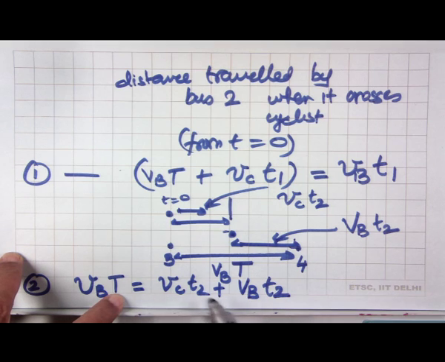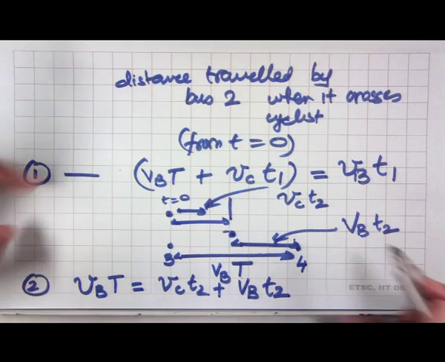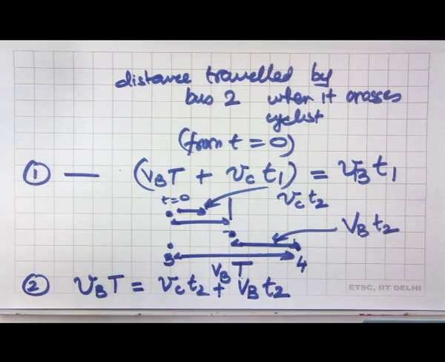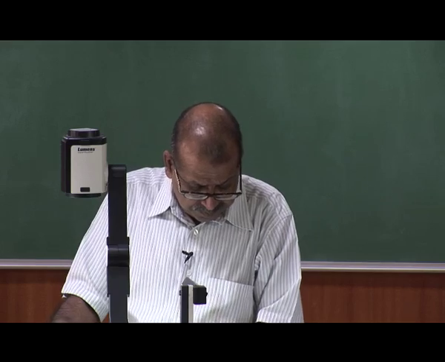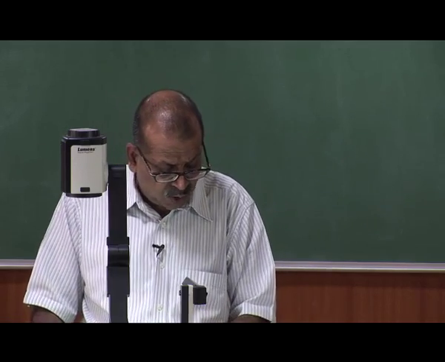Once again, Vc is known to us, t2 is known to us, and Vb is the same unknown. So, we have two equations and two unknowns, and we can solve this and get our answer. This is one way of solving it.